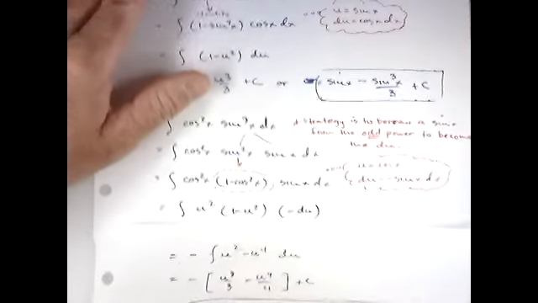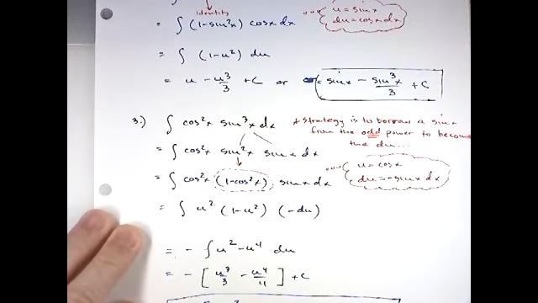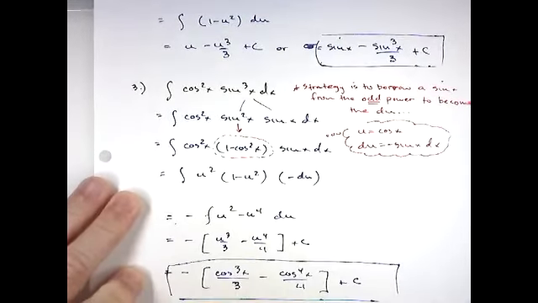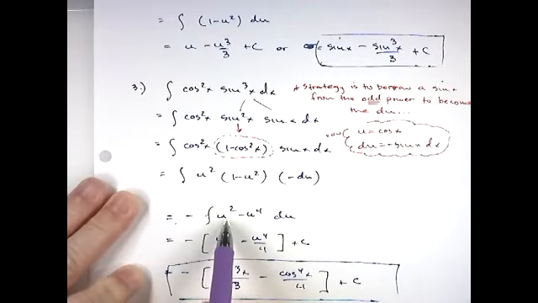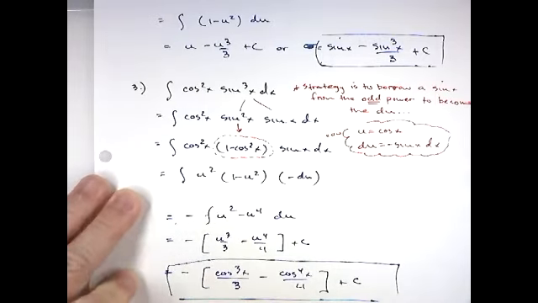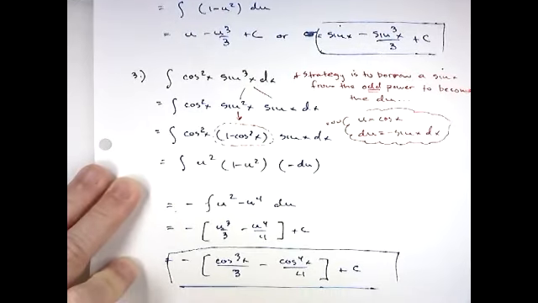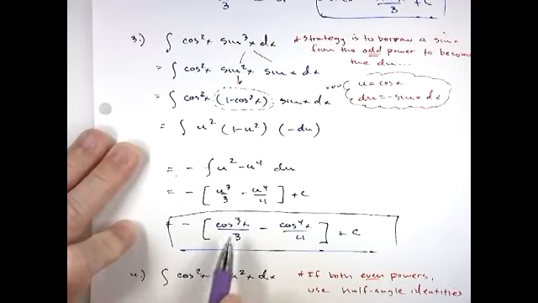We can finish off the integral. There's my negative outside, and I distribute the u squared, and then I integrate: u cubed over 3 minus u to the fifth over 5, and then plug back in my u, which was cosine of x, and we're done.